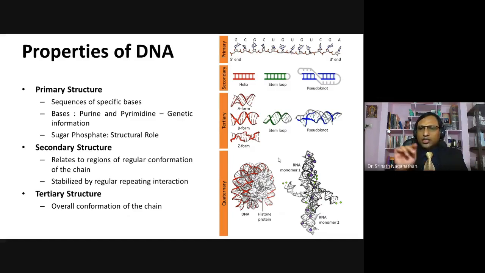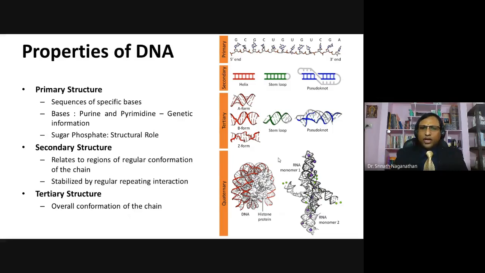Usually the stem loop structure we can observe during replication as well as during the transcription process when the RNA is being produced. Also, we can see various structures like the pseudoknot, where in between they can join and form a new structure.